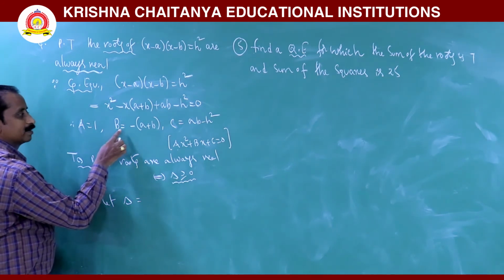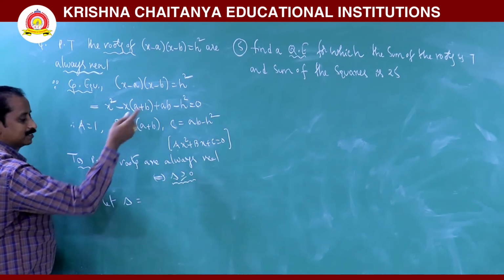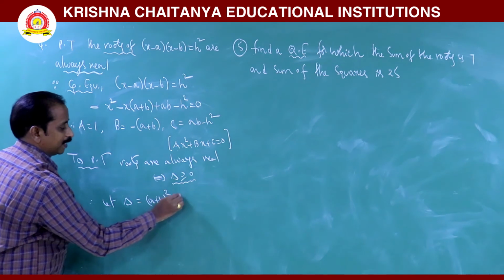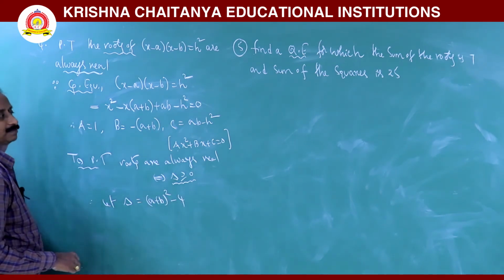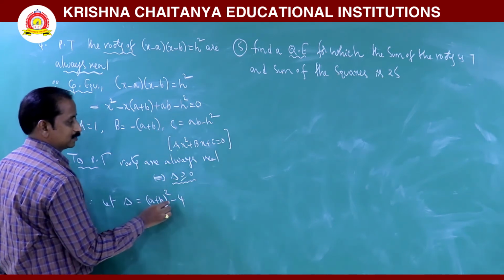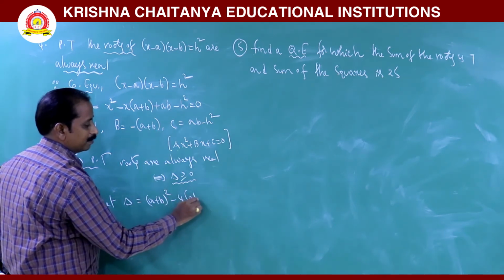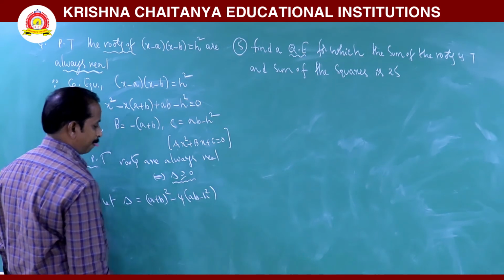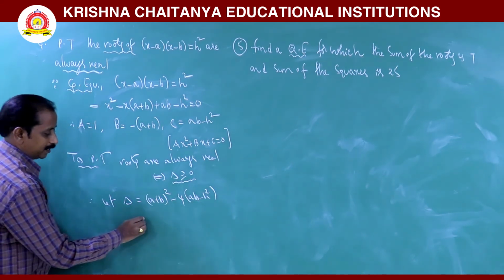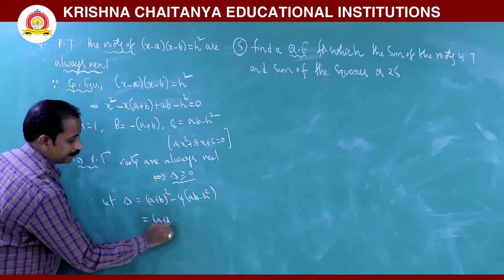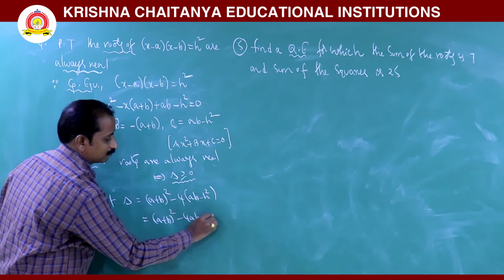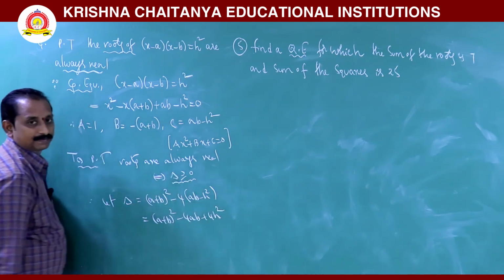b square means minus of a plus b whole square, which is a plus b whole square, minus 4ac. a means 1, c means ab minus h square. Now multiplying with 4, it becomes a plus b whole square minus 4ab plus 4 times h square.